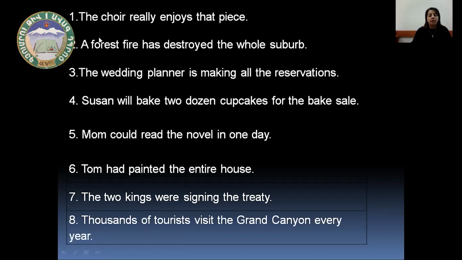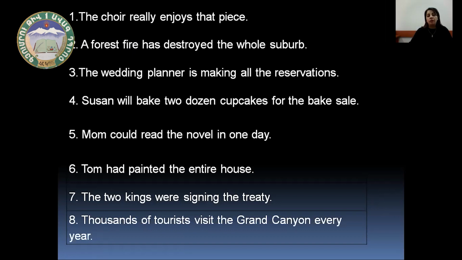You have to identify the tense form. Enjoys, this is present simple. So you have to find the subject and the object of that sentence. The choir is the subject and that piece is the object of our sentence. And then following the steps that I have already explained, you can make the sentence passive.